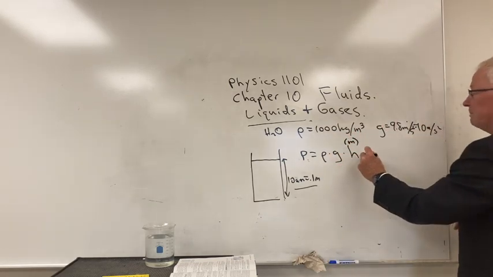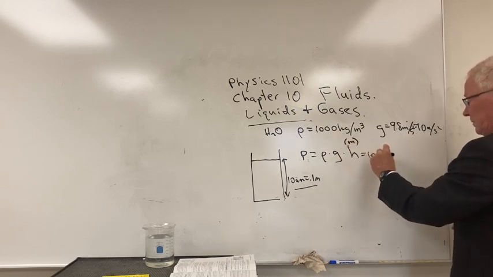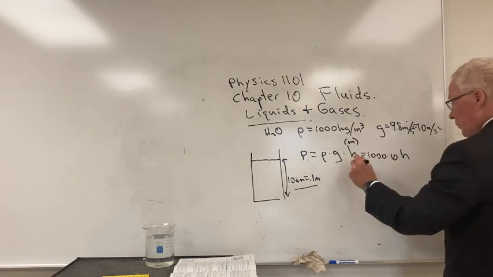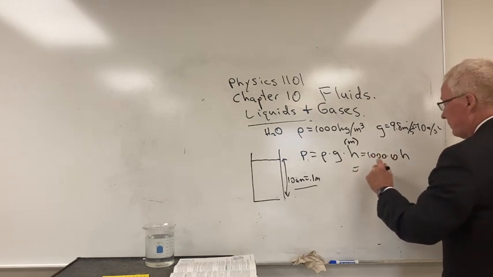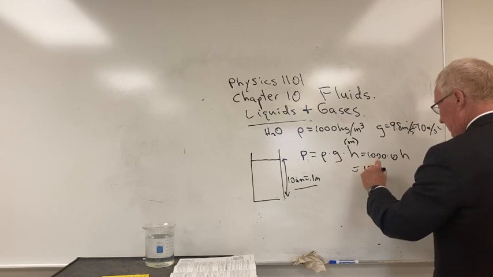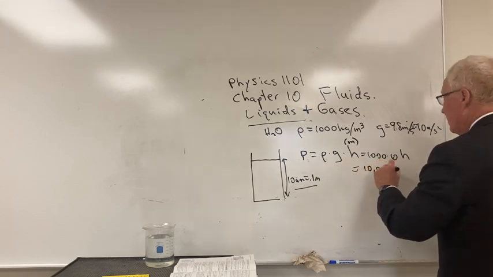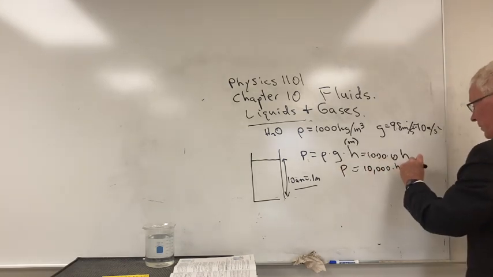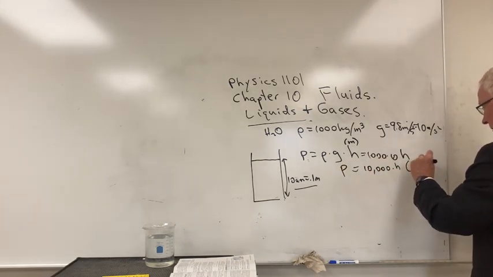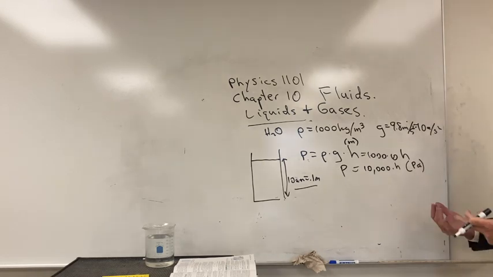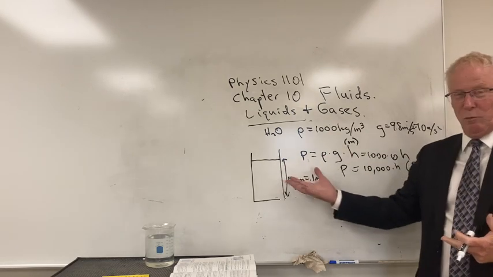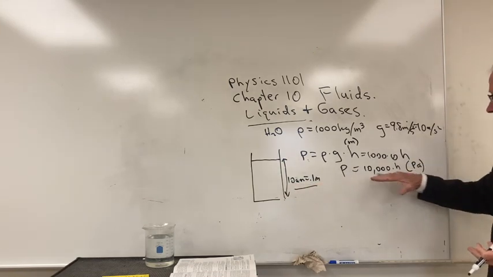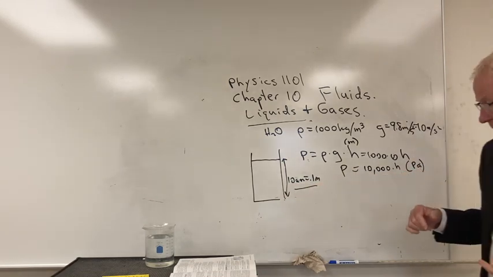So this will be 1,000 times 10 times h, which is roughly 10,000 times h in units of meters, and this will be in units of pascals. So for water, within a reasonable range of temperature, again, liquid, the pressure goes as 10,000 times the depth in meters. All right.